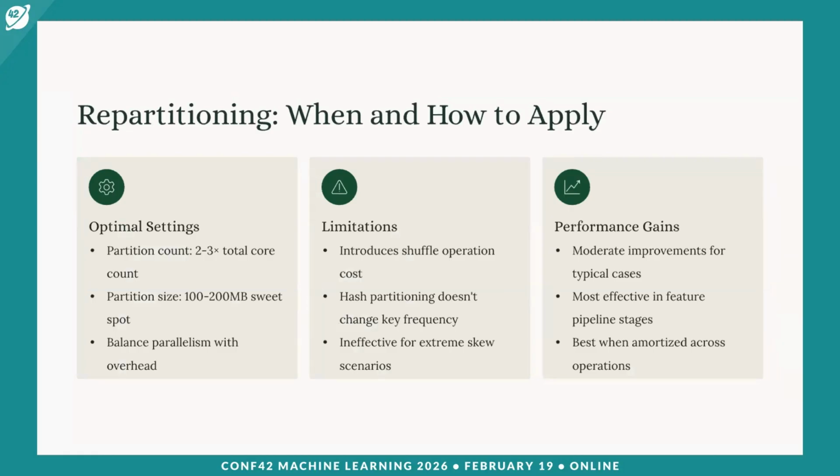Repartitioning: when and how to apply. The optimal setting is a partition count of 2 to 3x the total core count, which depends on how big your cluster is and how many cores you are working with.